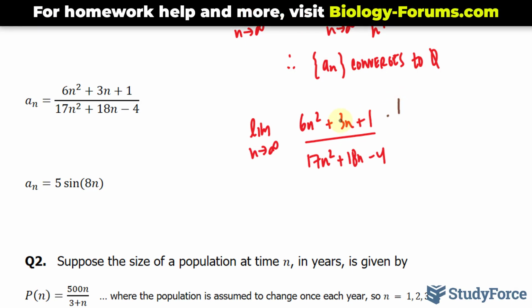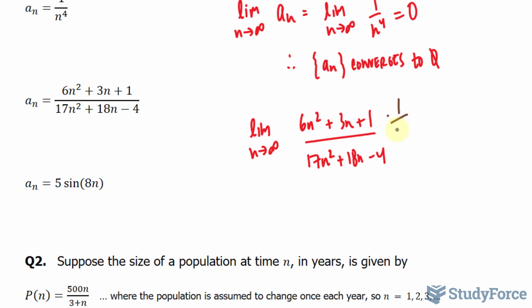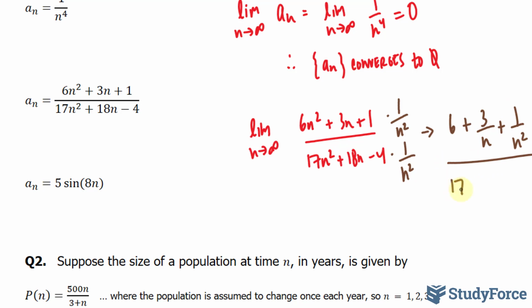So if I multiply the numerator with 1 over n squared and the denominator with this factor, it ends up becoming 6n to the power of 2 over n to the power of 2, which is 6, plus 3 over n plus 1 over n to the power of 2. And at the bottom I end up with 17 plus 18 over n minus 4 over n.